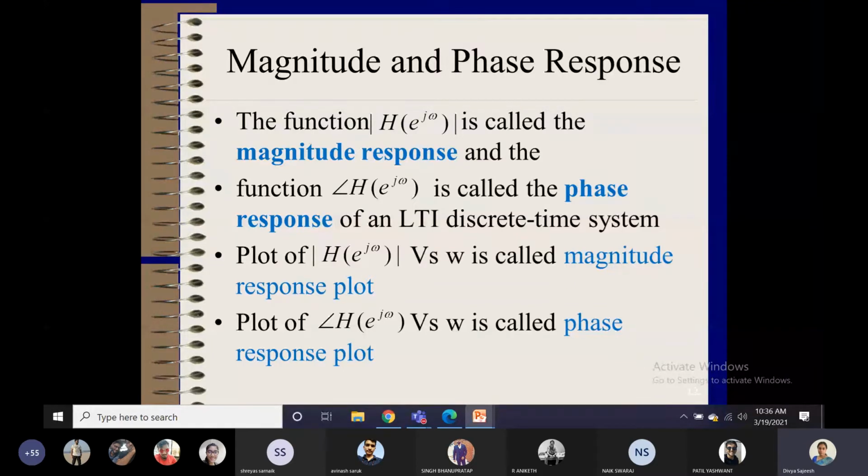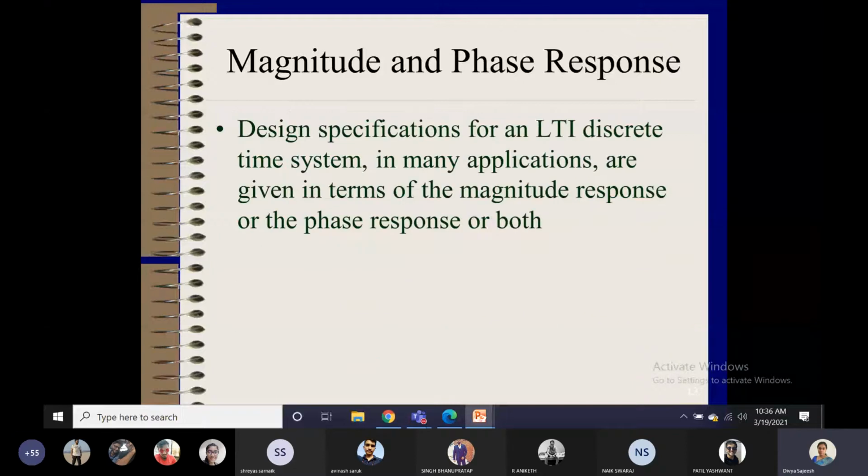We need both plots separately to study the behavior of the system for various frequencies. The design specifications of this LTI system in many applications are given in terms of the magnitude response or the phase response, or sometimes both.